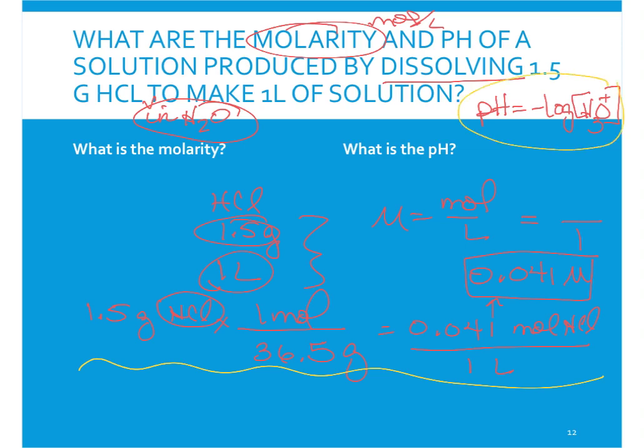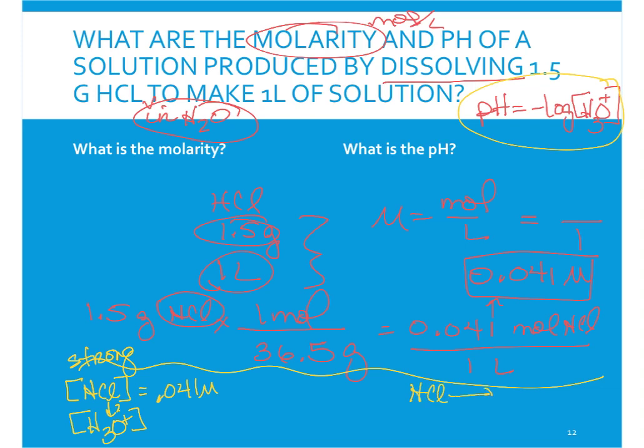All right, let's see if you remember anything about pH. So pH is minus log of the concentration of hydronium ion. I know what the concentration of HCl is. I just found it, 0.041 molar. So how do I find the concentration of hydronium ion from the concentration of HCl? Well, I'm going to remind you that strong acids, and HCl is a strong acid, dissociate 100% in water to form the ions.